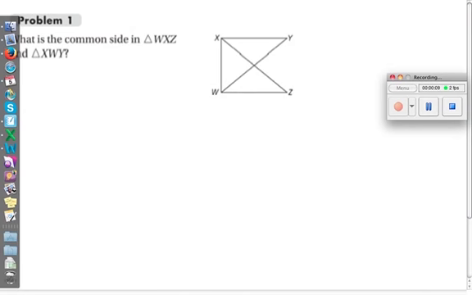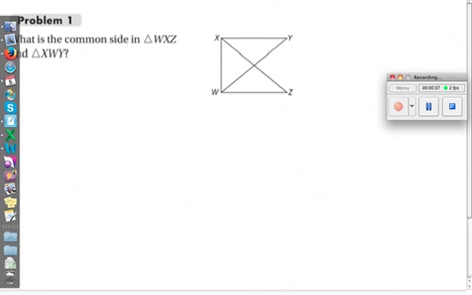Okay, so in this last lesson where we are proving triangles congruent, the triangles that we are dealing with are overlapping. And the biggest piece of advice, the biggest tip, the biggest trick that I can supply you with is look at the names of the triangles and think about how many letters it takes to identify a segment and how many letters it can take to identify an angle.